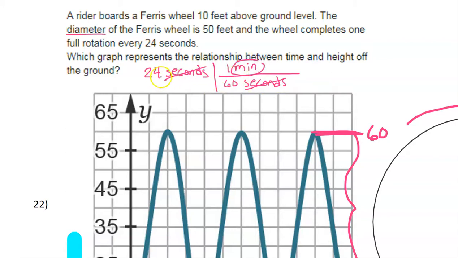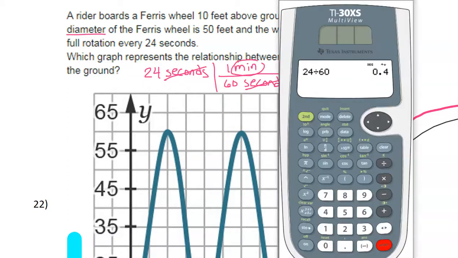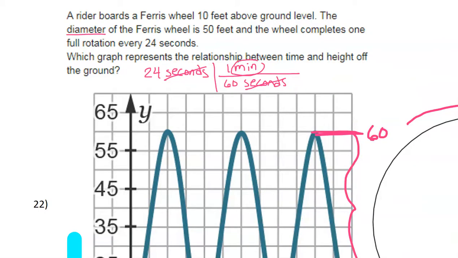So really, this comes down to 24 divided by 60. And that is 0.4. Okay, so 24 seconds is the same thing as 0.4 minutes.